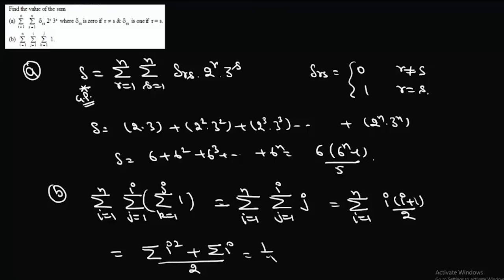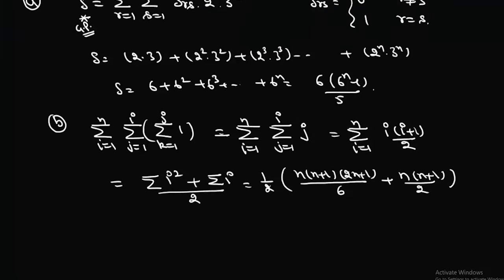Now summation i square is n into n plus 1 into 2n plus 1 by 6, and summation i is n into n plus 1 by 2. Now what we'll do is we'll take n into n plus 1 by 6 common.